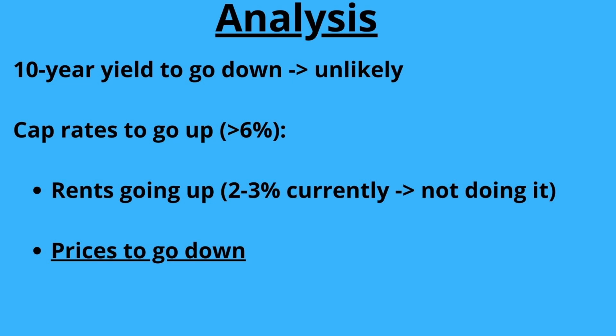All the money that came in 2022 and all the new construction that started to materialize is making supply increase, which makes rent basically flat, which is one of the reasons why we won't see cap rates go up, because your rent, which is kind of your revenue indicator, won't go up.